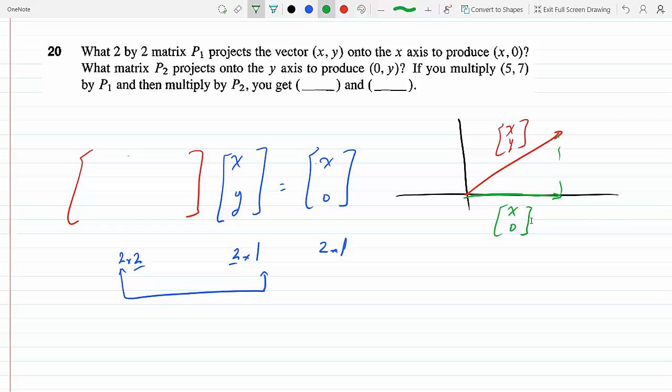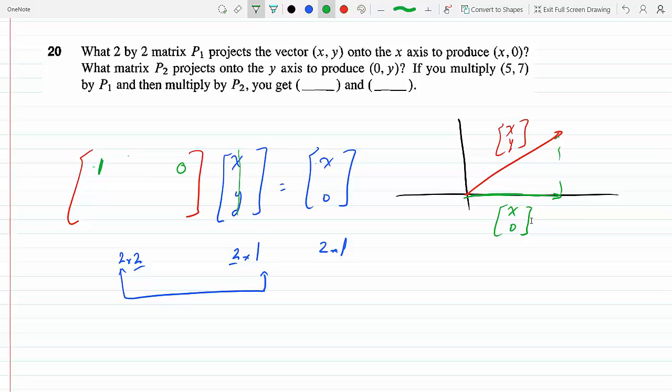And now knowing that matrix multiplication goes row by column, I know that the x needs to survive, so that tells me that this needs to be a 1 and a 0. I'm not supposed to get any y, so this is supposed to be 0, so it would wipe the y away, because when I multiply these two I would get x plus 0y, which is x.